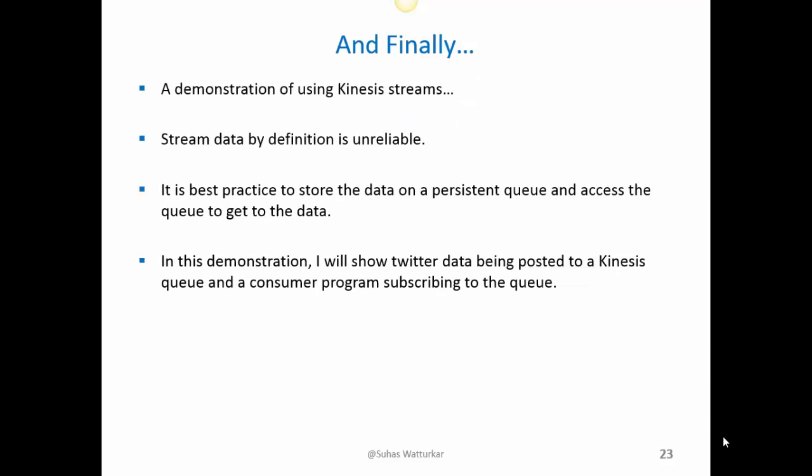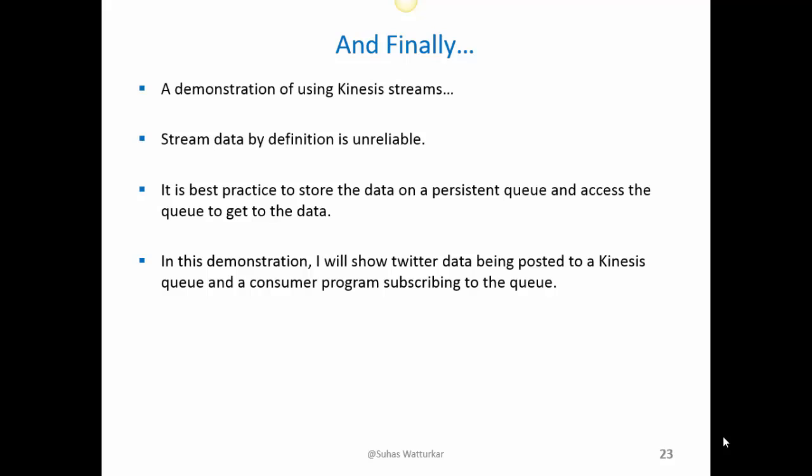So just to conclude, I'm going to show an example of the same use case, reporting on Twitter data. In the other example, we were directly connecting to the Twitter stream.